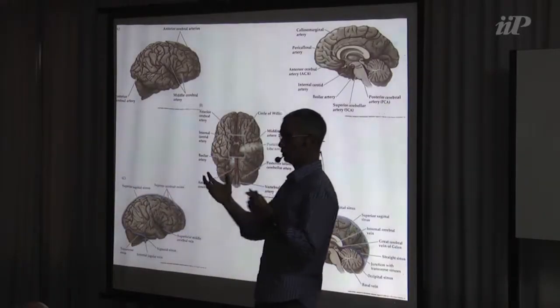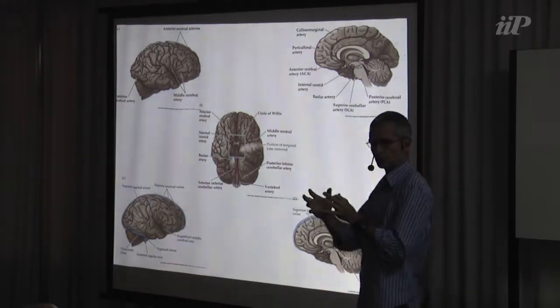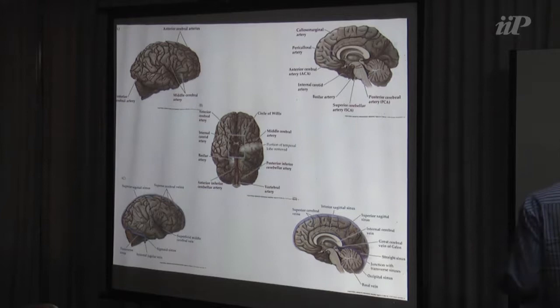And then that blood goes to the capillary system, and then from the capillary goes to the venules and then veins. So all the exchange happens on the capillary tree that we have distributed throughout our brain.